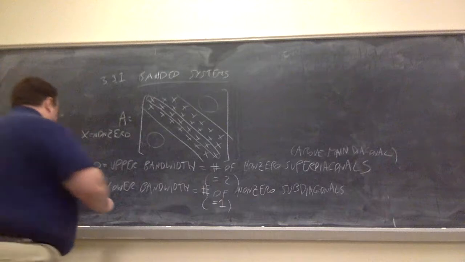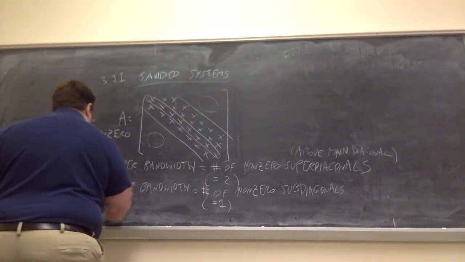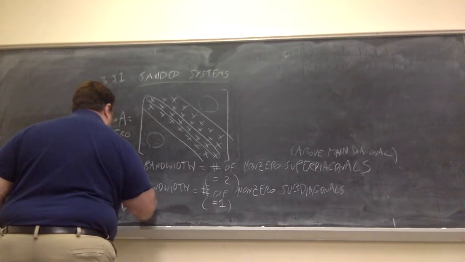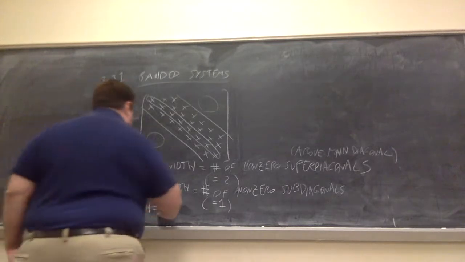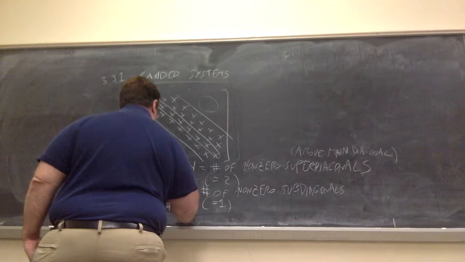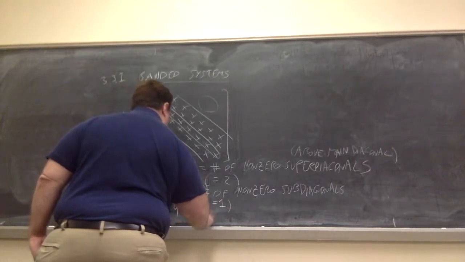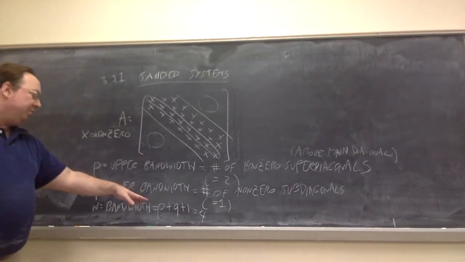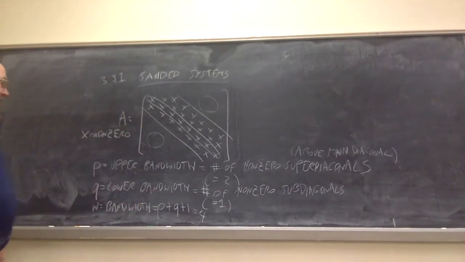Then we denote by W the total bandwidth, or just plain bandwidth, and that is simply P plus Q plus 1. So in this example, it is equal to 4. But in general, it's P plus Q plus 1, where P is the upper bandwidth and Q is the lower bandwidth.